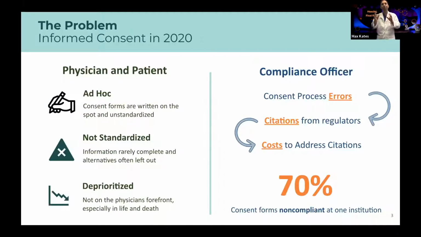Similarly, when the government does an audit, they ask for written informed consents. And that's the most common cause of hospital citations, because 70% of these informed consents are filled out incorrectly. And these citations can build up and ultimately lead to Medicare actually withholding payment. That's a disaster for the hospital.